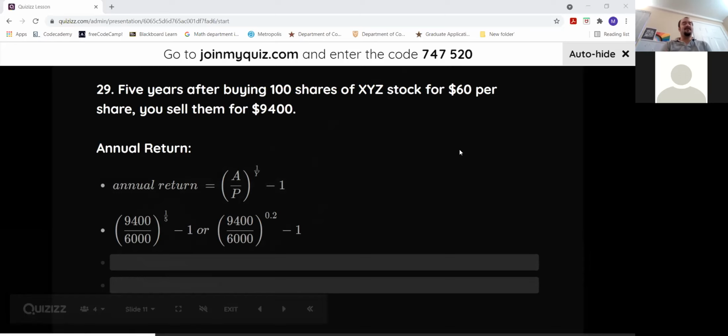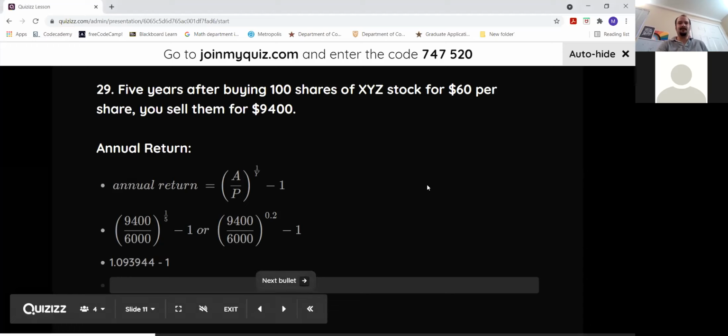I would even maybe convert them to decimal. It's usually easier to put into your calculator. This is a good even decimal. 1/5 is 0.2. So if we divide 9,400 by 6,000, raise it to the 0.2 power, I should be getting this number. So somehow you want to make sure you can get this number right here.